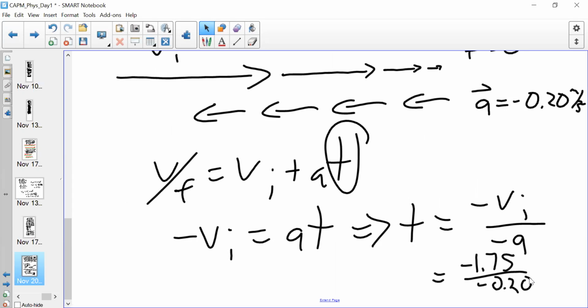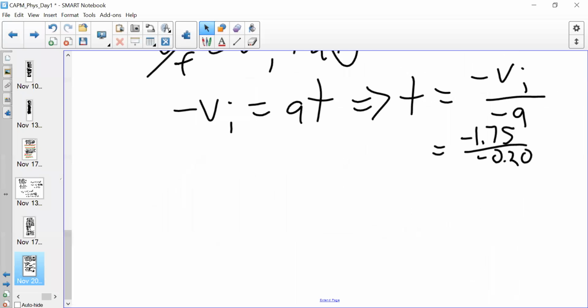What we're going to do is get this answer, a couple more, and then I'll have you break out into groups to do this challenge question and another question. But okay, so 1.75 divided by 0.2 is 8.75 seconds. It takes her roughly 9 seconds to travel this distance and get to her final destination before she comes back the other way.